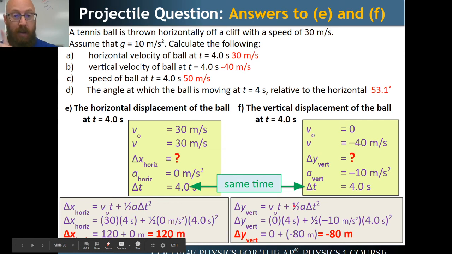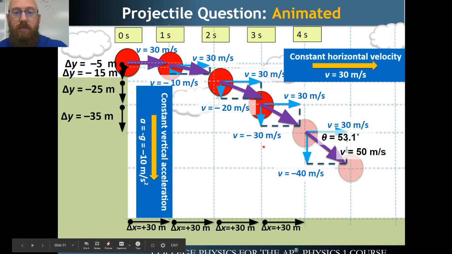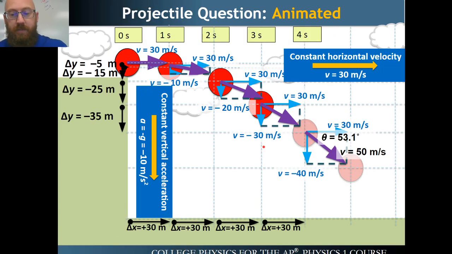In this case, we do have an acceleration down, 1/2 a delta t squared. 1/2 times 10 times 4 squared. 4 squared is 16. 16 times a half times 10 is 80. Notice negative y. Why? Because we started at the top and went down. And there's our lovely picture.